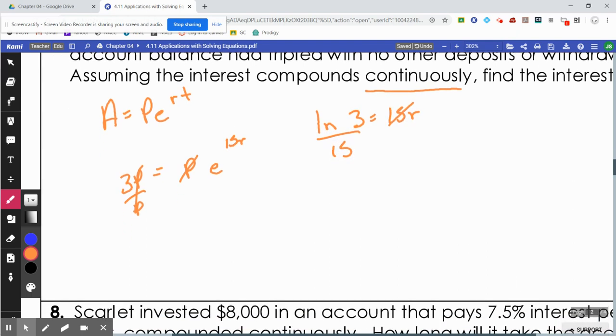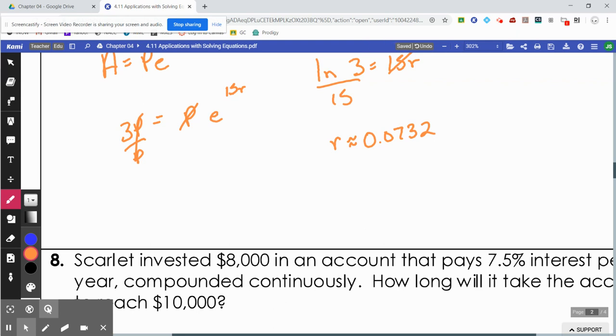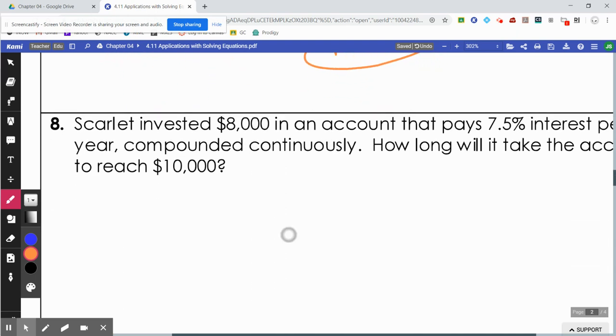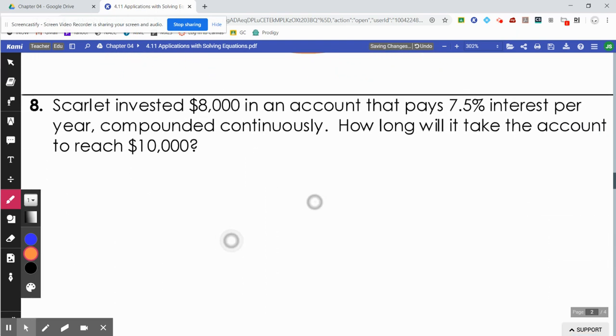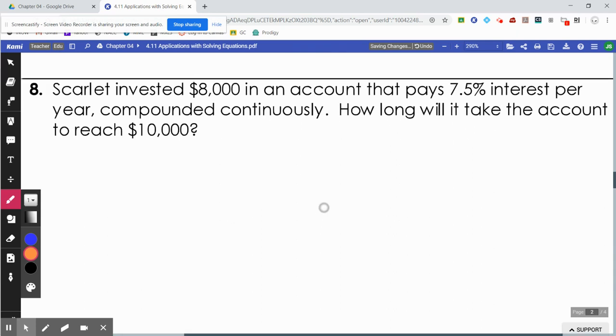So all you have to do is the natural log of 3 divided by 15. That's going to give you an interest rate of about 0.0732. So your interest rate is going to be, we'll call it 7.32%.